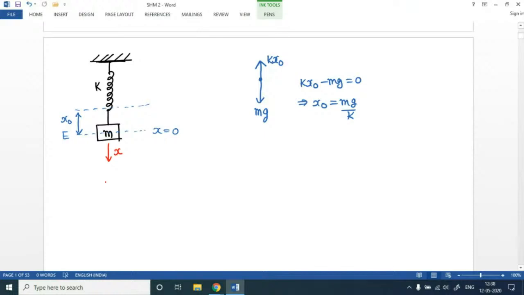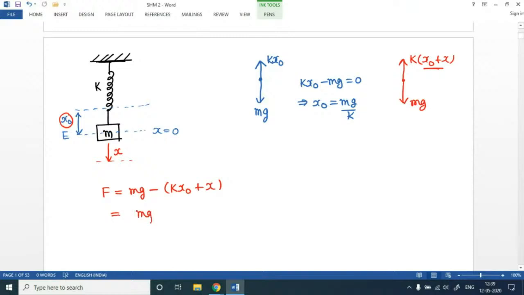At this situation, the force acting would be mg in the downward direction, and the spring force would be k times x naught plus x, because previously it was elongated by x naught and further we have stretched by x. So the net force would be F is equal to mg minus k times x naught plus x.